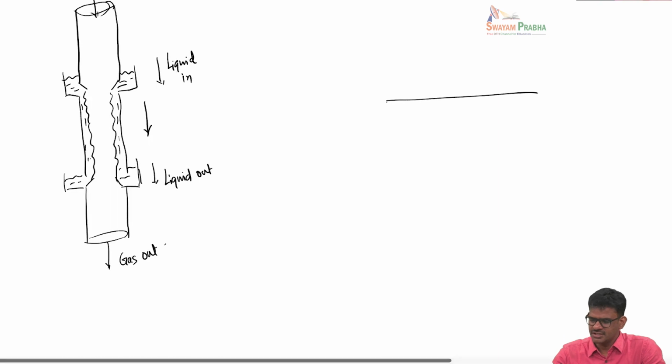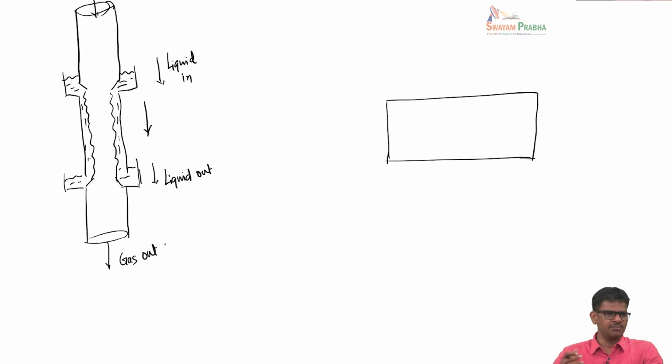That is not of interest right now, that comes later. So for the purpose of the mass balance, imagine that this mass transfer equipment is shown as a rectangle. It can be a wetted wall column, a packed column, a bubble cap tray, whatever it is. That is not important right now.